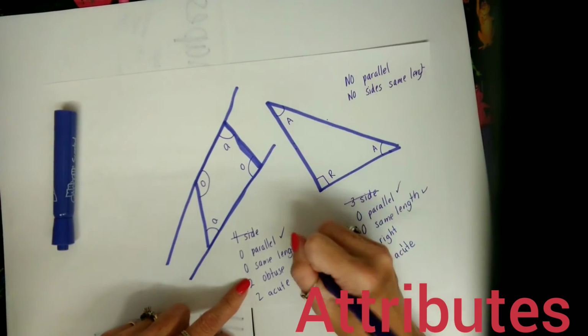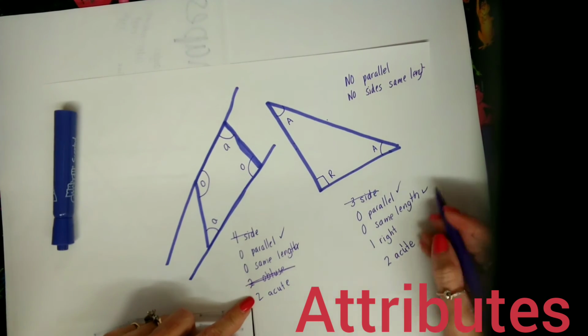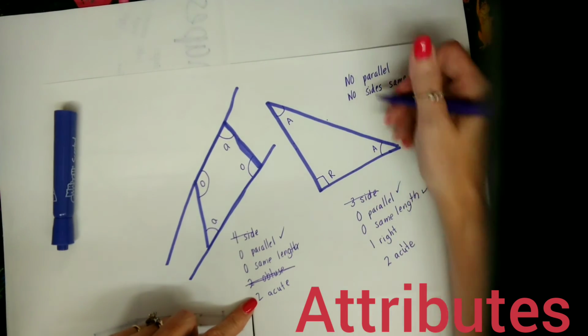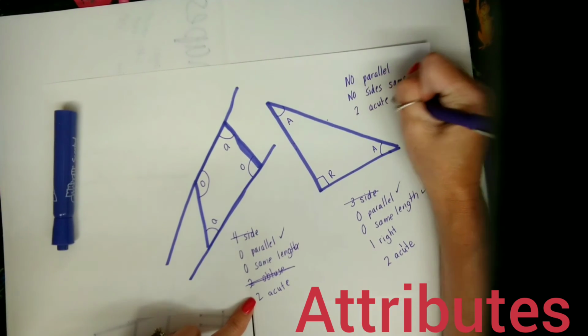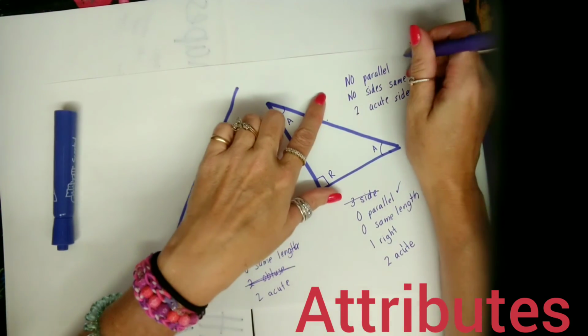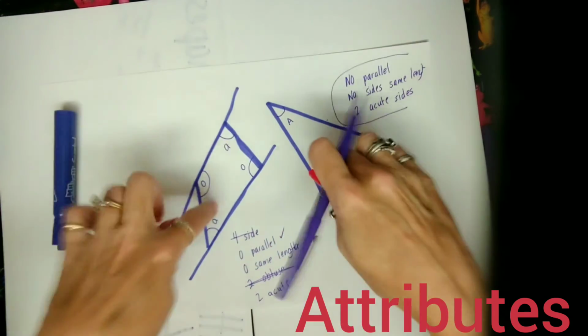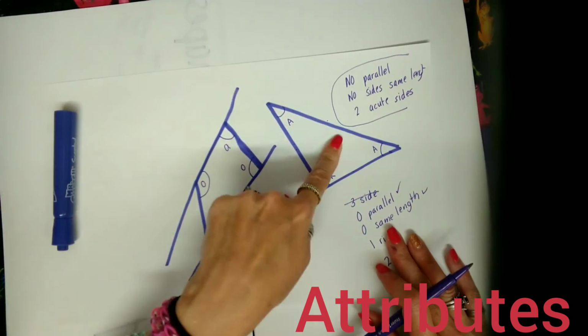Obtuse, nope, can't do that because there's not one over here. Acute, 2 acute. I could make a group where it's 2 acute angles. So if I wanted to make a group using these 2 particular shapes, this could be the grouping of my shapes. Those are my options.